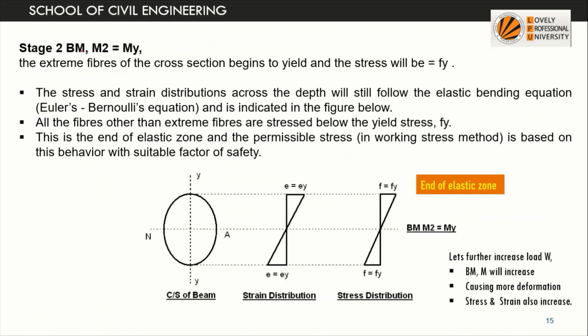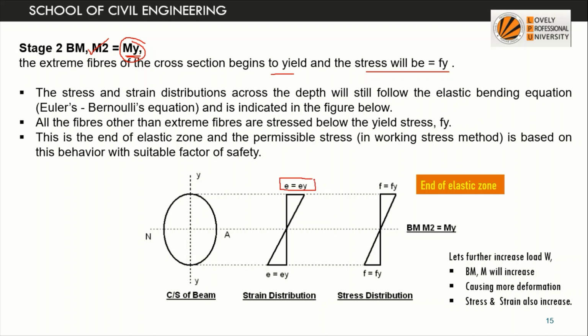Now in stage 2, we are applying a moment that is equal to My. What this My means is that the extreme fibers of the cross section begin to yield and the stress will be equal to Fy. What is the value at the extreme fiber?